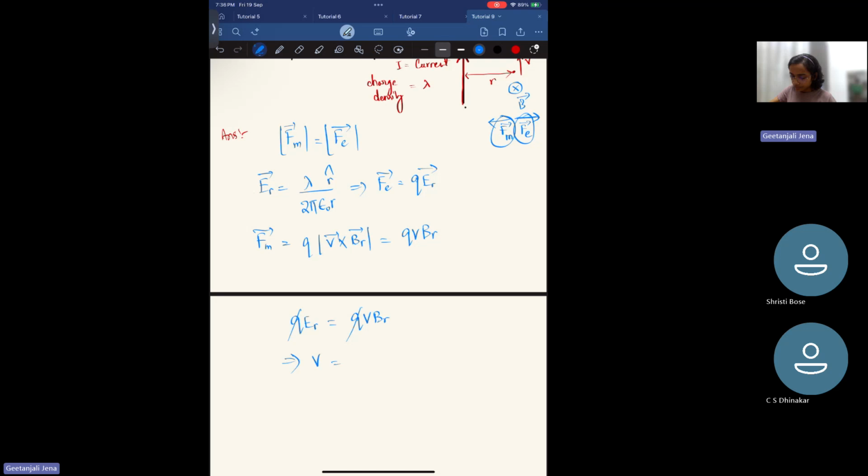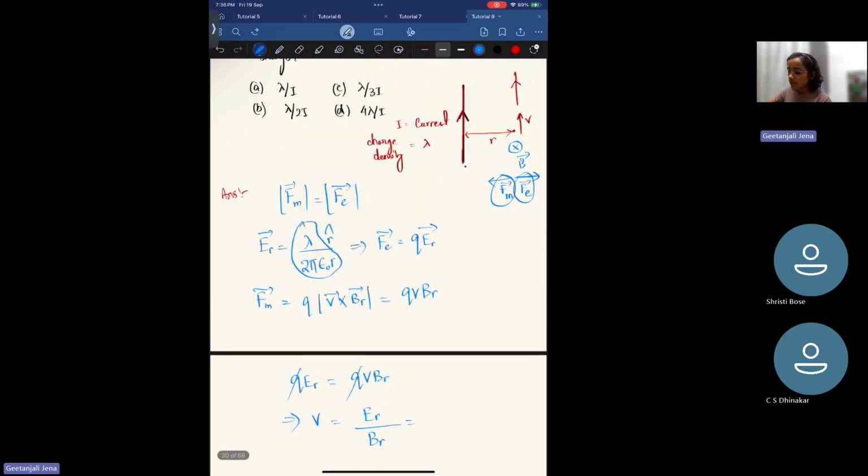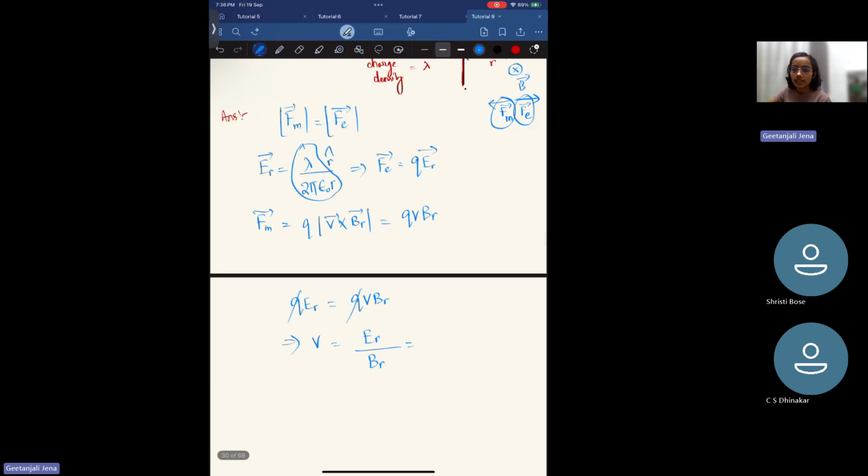So v is E by B. E we know is lambda by 2 pi epsilon naught r, and B due to a magnetic field, if we recall, is mu naught I by 2 pi r. So this is lambda by 2 pi epsilon naught r, and this is mu naught I by 2 pi r.